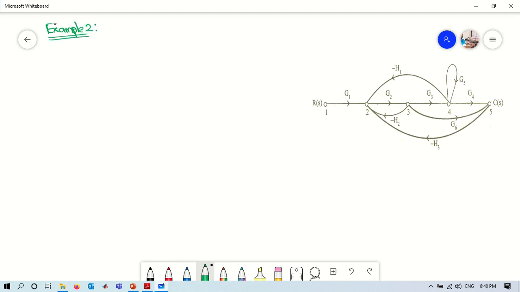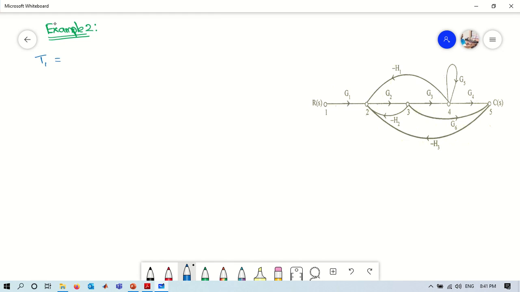So this is our example 2, in which we'll be identifying the forward paths. Let me directly designate the terms we use in the formula. Let me consider T1 as the gain of the first forward path.